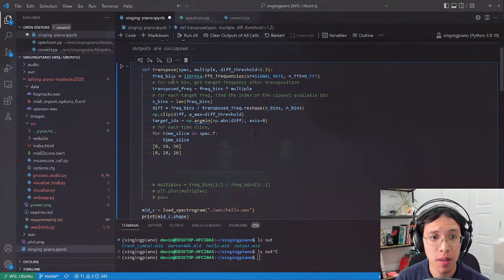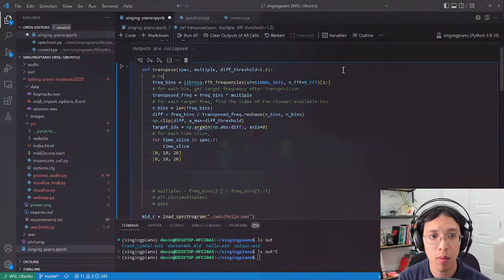The only tricky part is that, of course, one of these frequency bins is 0, so we don't want to divide by 0. So I think we will need to get rid of the 0th frequency bin. There, problem solved. So now the frequency bins ignore the first one, which is 0. And I'll just write a note: remove first bin. Okay, next.